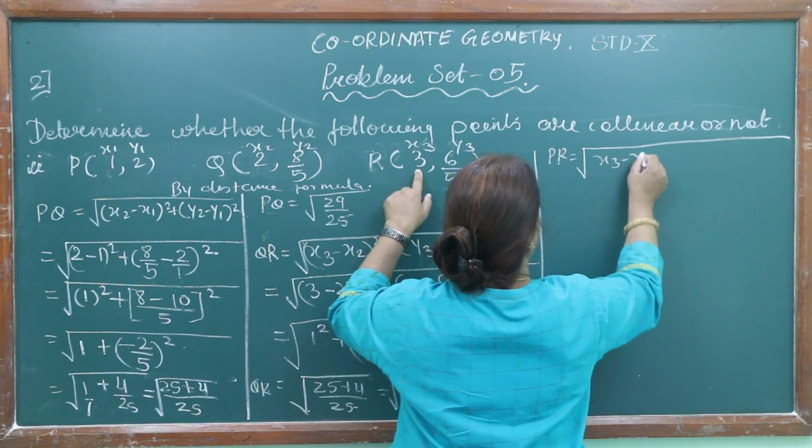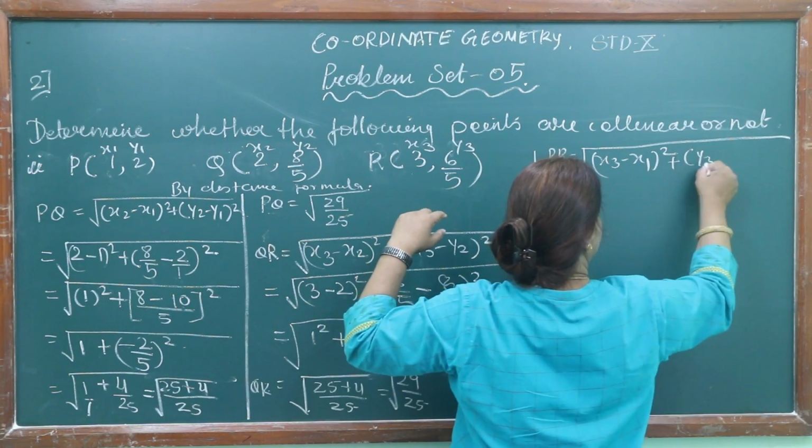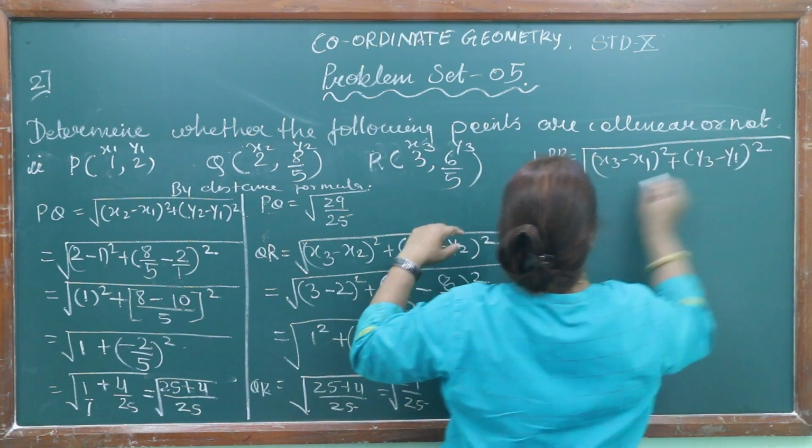So PR by distance formula, children: x3 minus x1 the whole square plus y3 minus y1 the whole square.